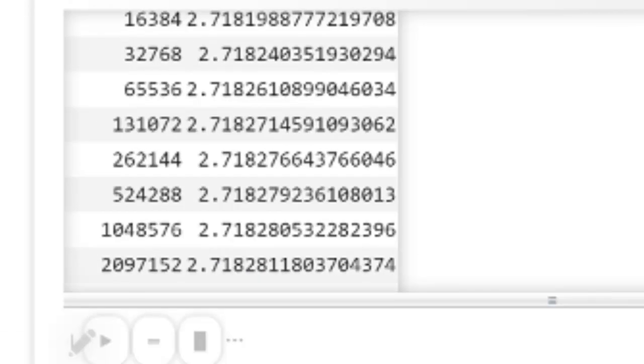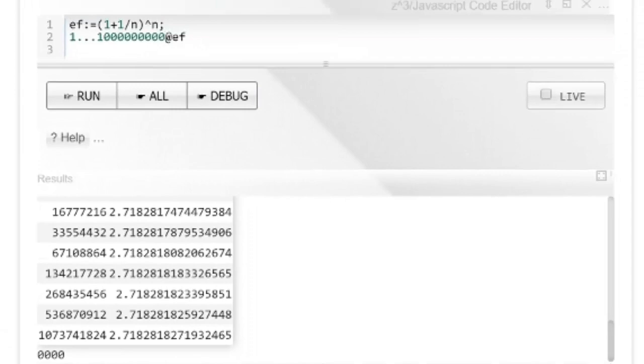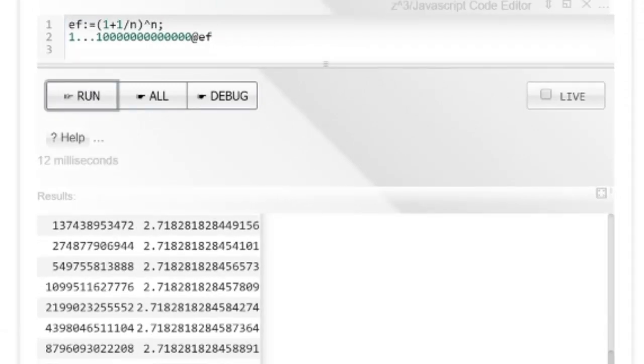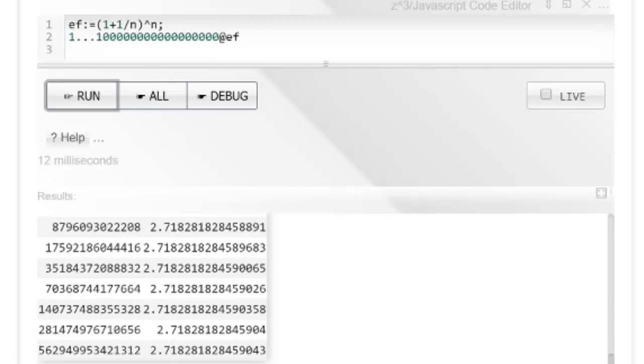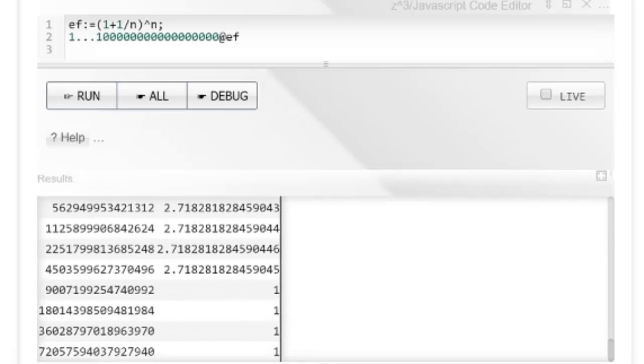Now here we used normal types of numbers. So if you used even larger numbers, at some point you will see that the numbers stop increasing and they go back to 1. That's because we overflowed the limit of numbers that we can deal with in the system.